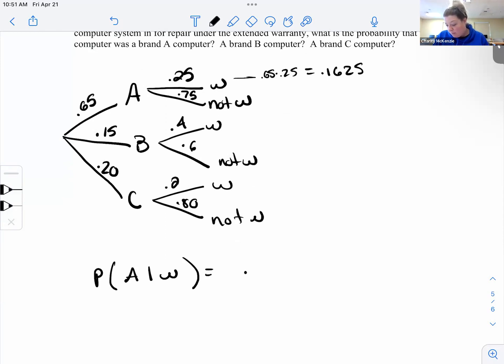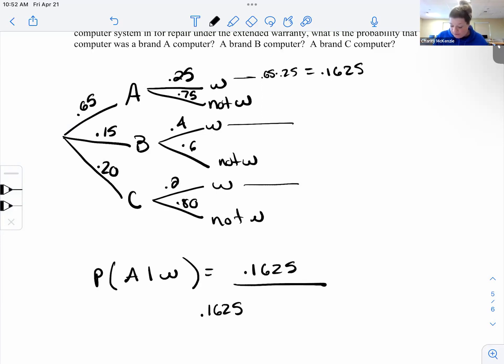So that's our numerator, because that's where they both are, A and warranty. And then the denominator is going to have all the W's, right? Because you have to do all of the second one as your bottom. So we have the 0.1625.